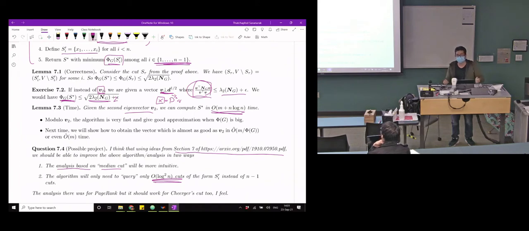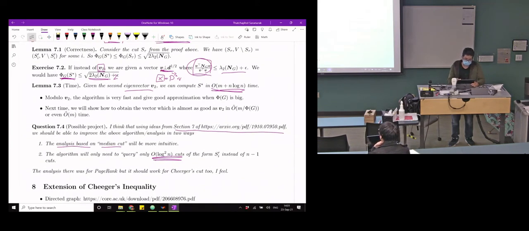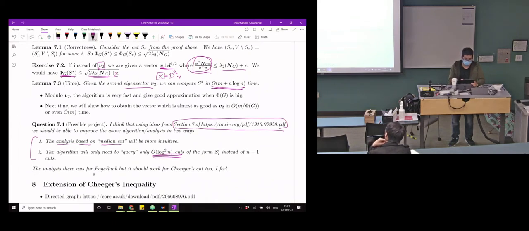I think the analysis from section 7 of this paper might give something like this. It works for PageRank, but I think it should work for Cheeger cut too. It's maybe a good thing to try as a possible small project.